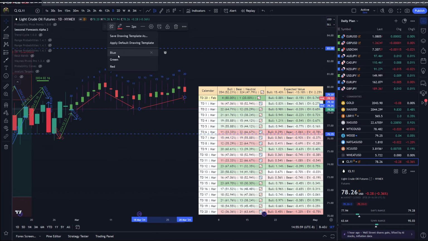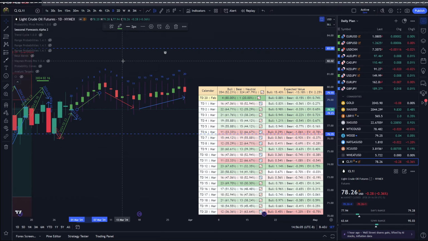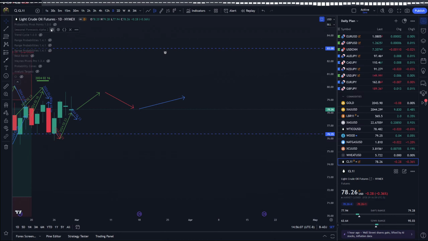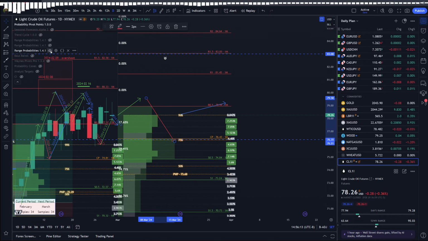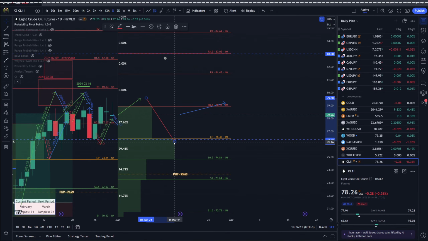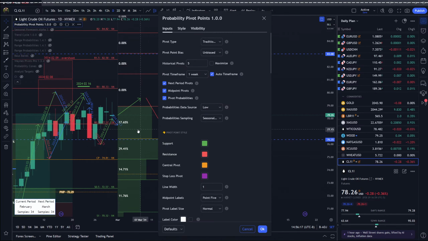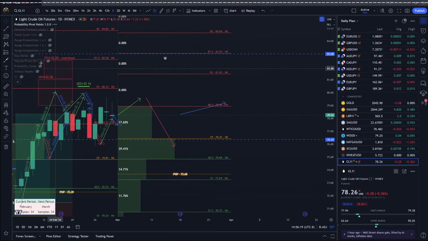So that would be the closing. That would be bullish. All right. Let's go ahead and check out this here. So that might be closer to down there. Yeah. And let's check out our closing odds here.